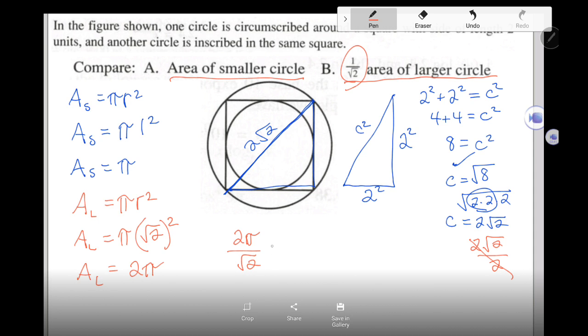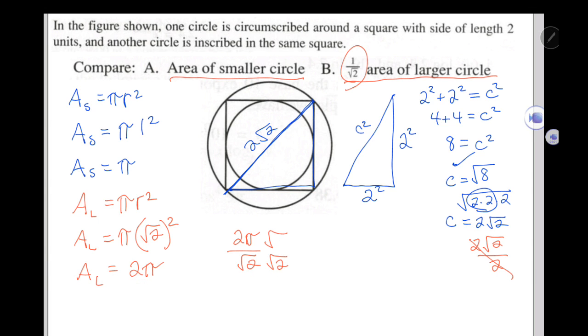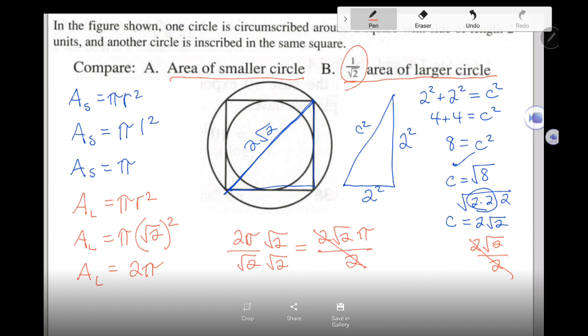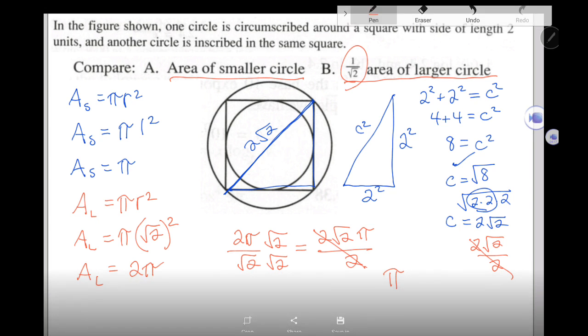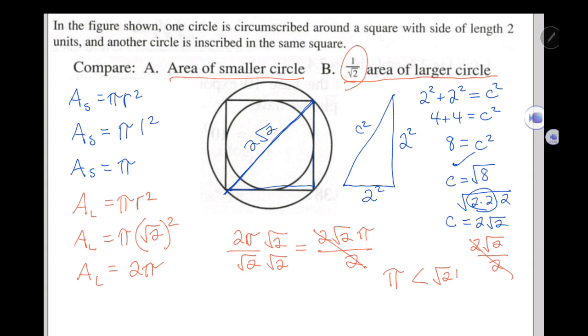And so if I do that, I'm going to multiply the top and the bottom by the square root of 2, and I'll say 2 square root of 2 times pi over 2. The 2's will cancel, and so I'm comparing the area of the small circle, which is pi, and that is going to be less than the square root of 2 times pi.